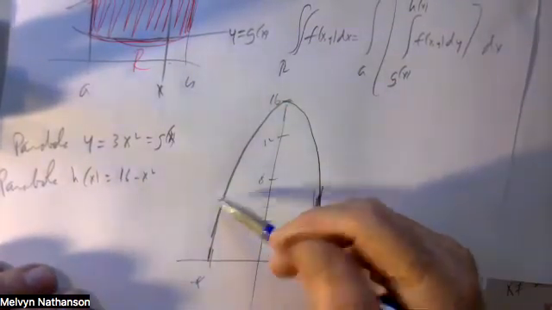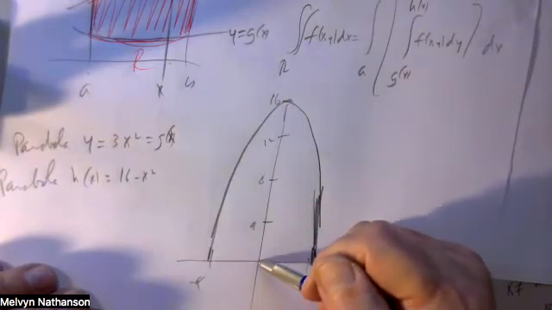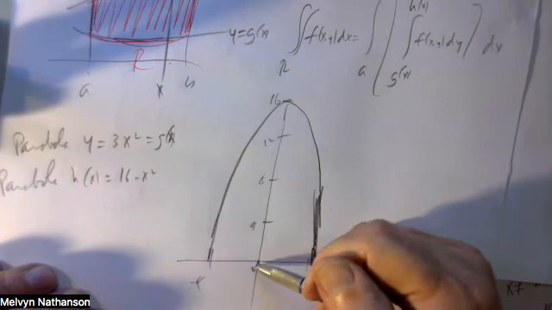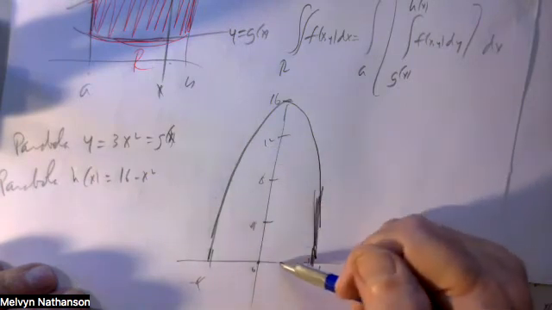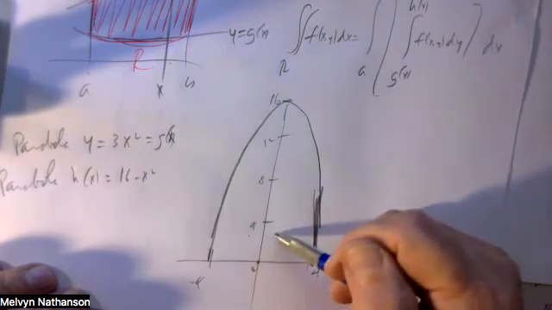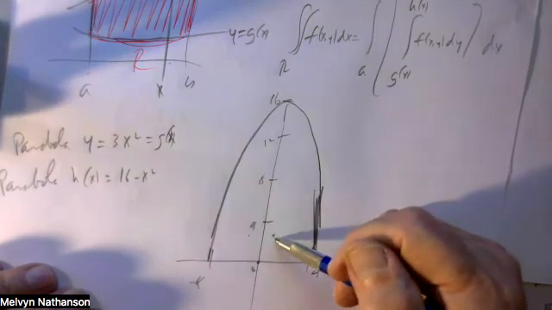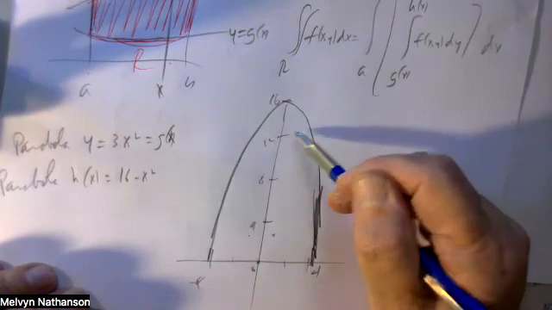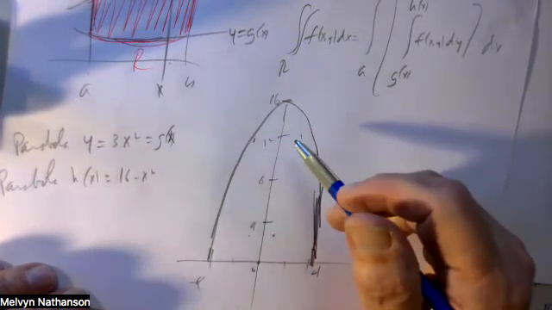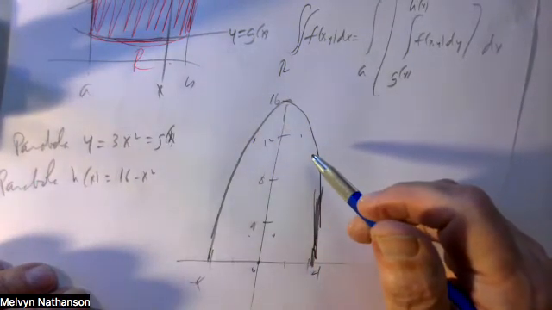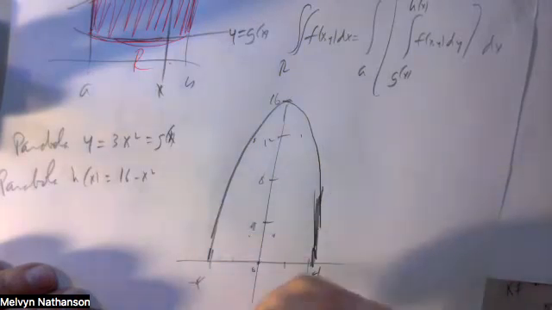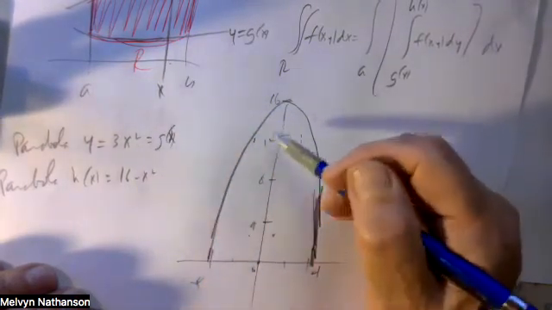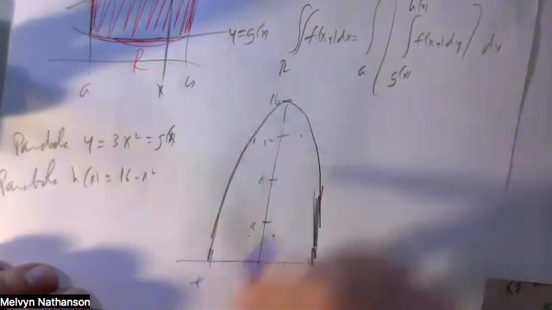The parabola 3x squared, when x is 0, it's 0. When x is 1, it's 3. When x is 2, it's 12. When x is 3, it's 27. So the parabola looks sort of like this.